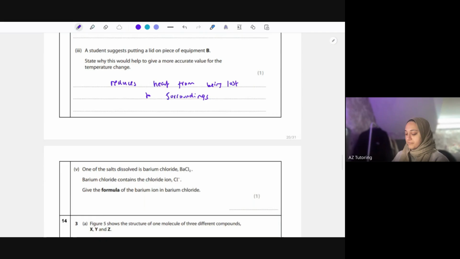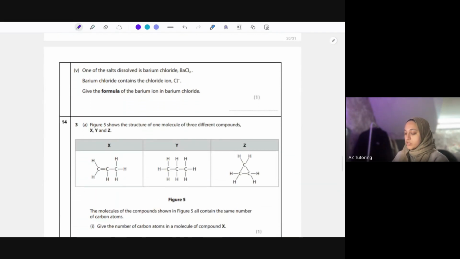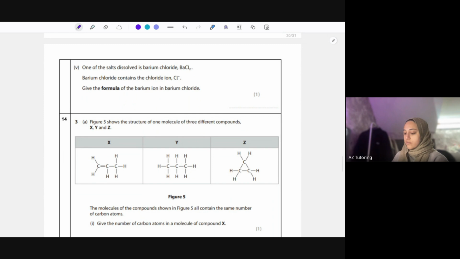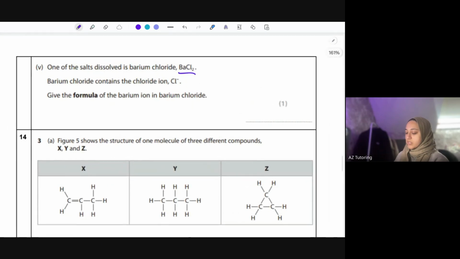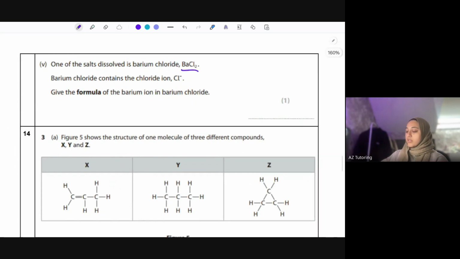Okay, moving on. One of the salts dissolved is barium chloride. Okay, so that's a salt. Barium chloride contains a chloride ion, Cl minus. Give the formula of the barium ion in barium chloride. So it's kind of like working backwards. So you've got barium, you've got chloride, which is Cl minus.